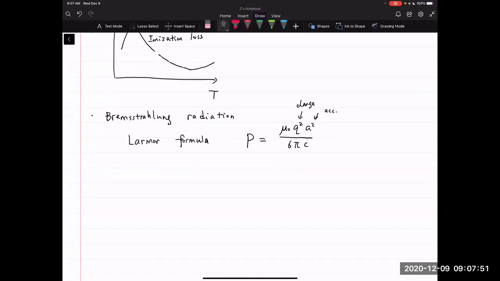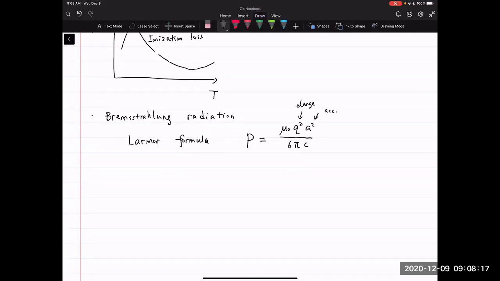Normally, this is just electromagnetic radiation. But if the kinetic energy or the speed of the charged particle is very high, then this Bremsstrahlung radiation will become important.